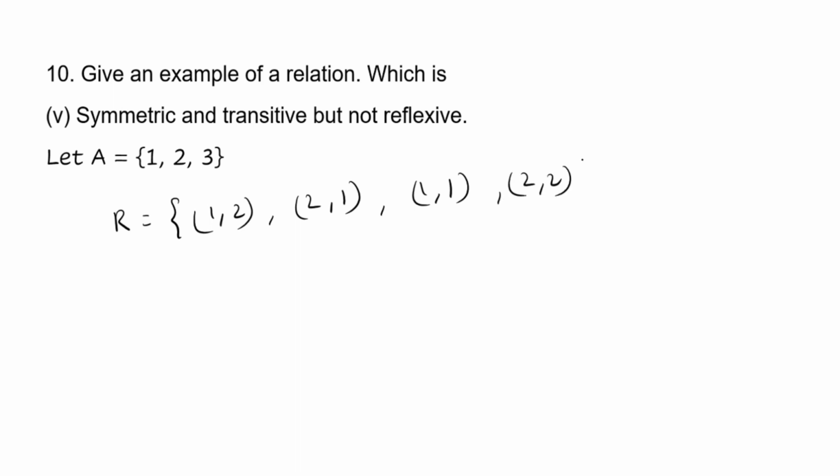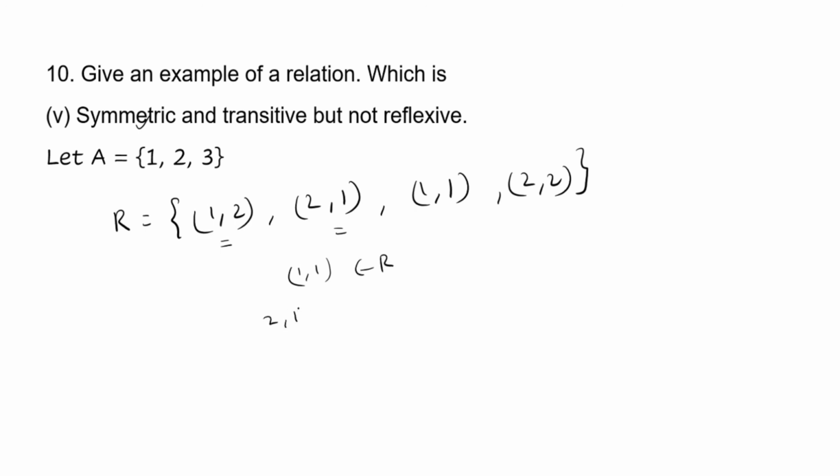If we take this relation, it is symmetric. When we have the ordered pair (1, 2), (2, 1) is there. Now when we have (1, 2), (2, 1), then (1, 1) belongs to R. Therefore it is transitive.